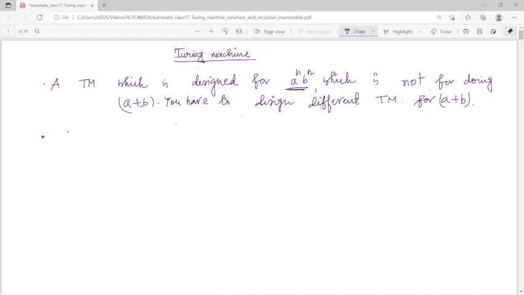We cannot design a different computer for computing different things. The same computer can compute these two things, but for a Turing machine, you have to design two Turing machines.